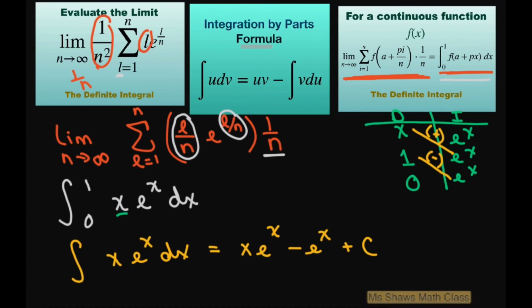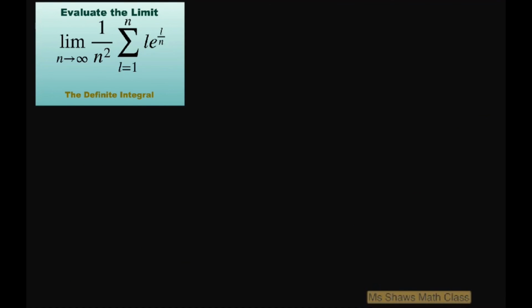If I want to put back the limits, I would go 0 to 1 and take away the c, and then we would evaluate this from 0 to 1. All right, so let's do that. We have x times e to the power of x minus e to the power of x from 0 to 1.